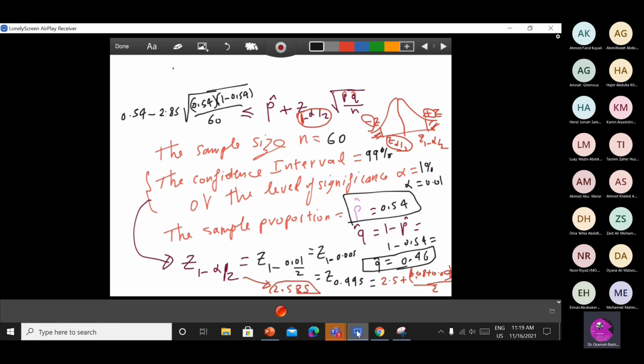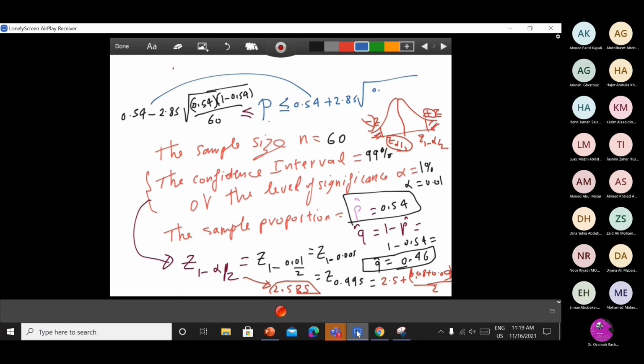On the other side, the proportion of the population will be less than the same value, but instead of minus, I make it plus. Can you give me the final result for this one?